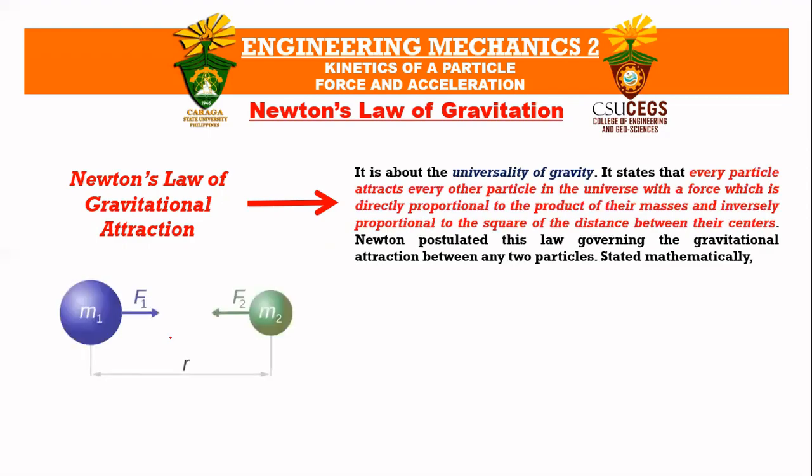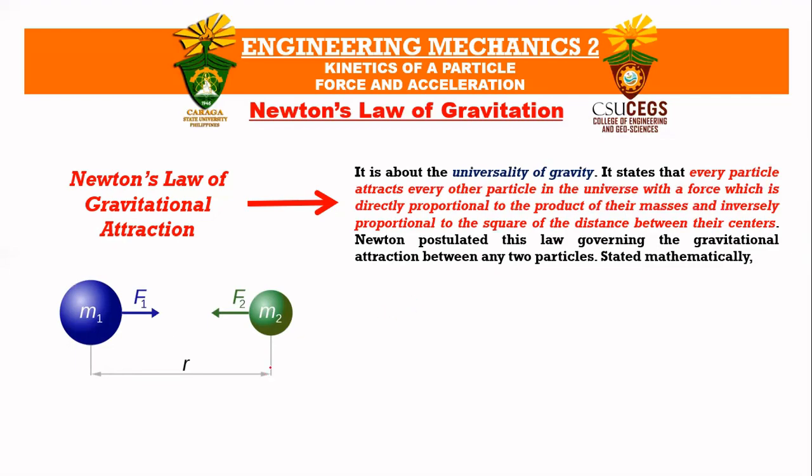As you can see here, we have two particles attracting one another, separated by a distance r, which is the distance between the two particles. Newton postulated this law governing the gravitational attraction between any two particles.